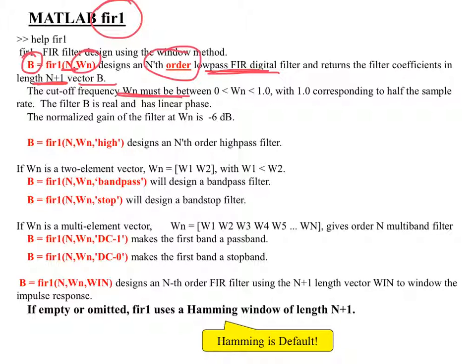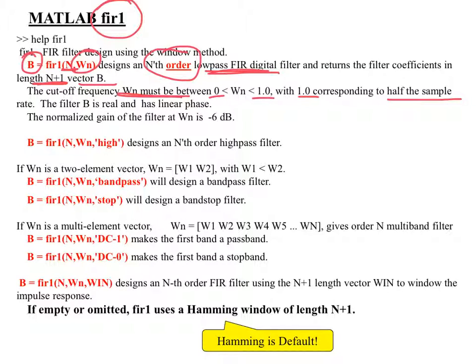And the way MATLAB tells you about that is it says that it has to be between 0 and 1, with 1 corresponding to half the sample rate. So 1 corresponds to fs over 2, 1 corresponds to pi.